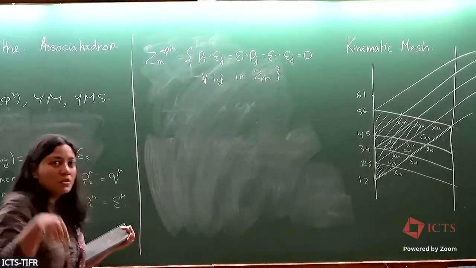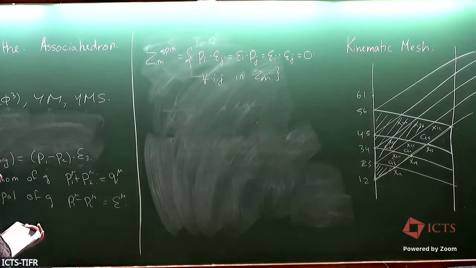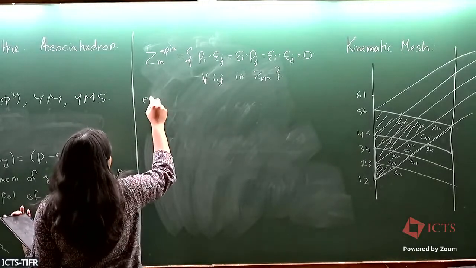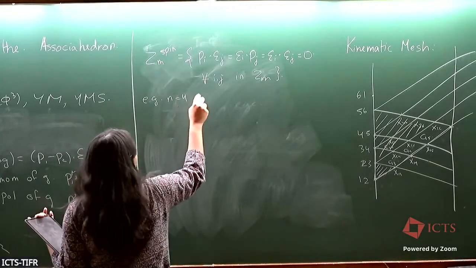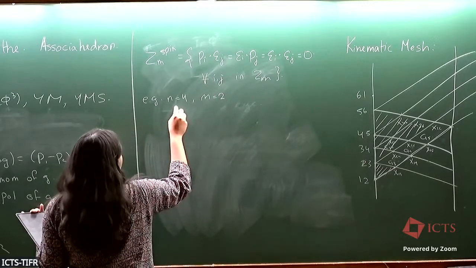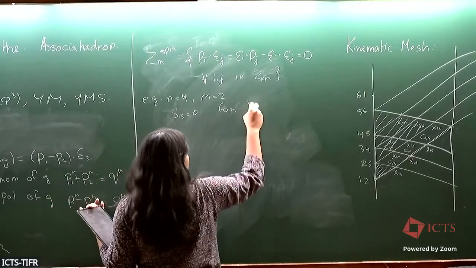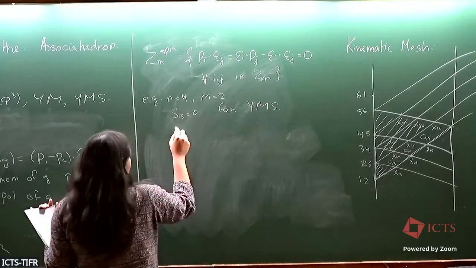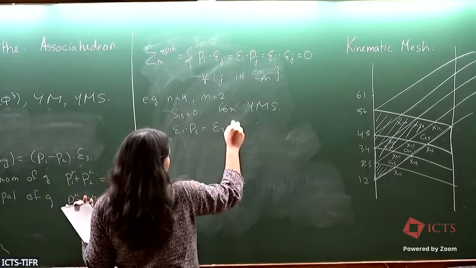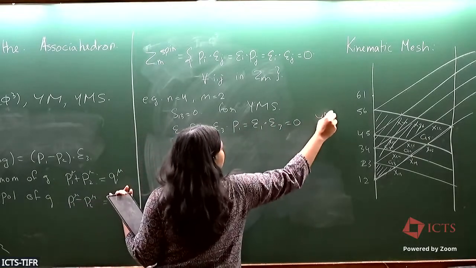So if S13 equals 0 is the correct zero, for example at 4 point, n equals 4, m equals 2, then it's S13 equals 0 for Yang-Mills scalar. But for Yang-Mills, it's saying that epsilon_1 · P3 equals epsilon_3 · P1 equals epsilon_1 · epsilon_3 equals 0.